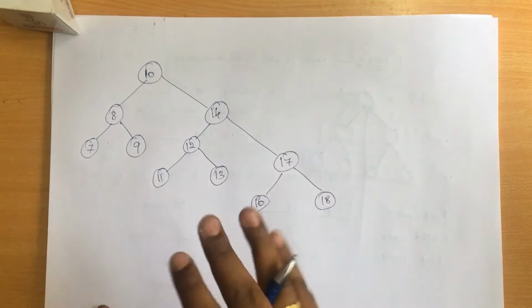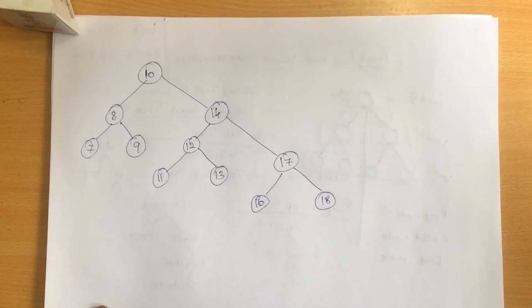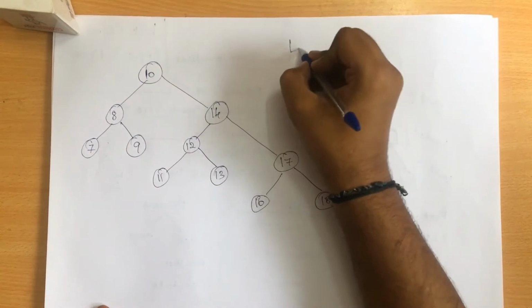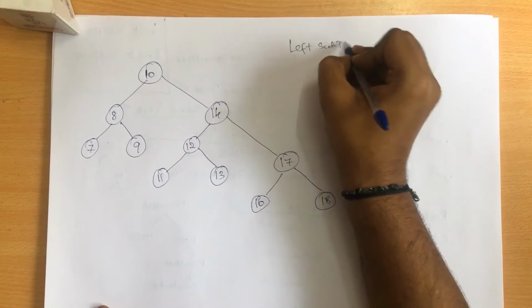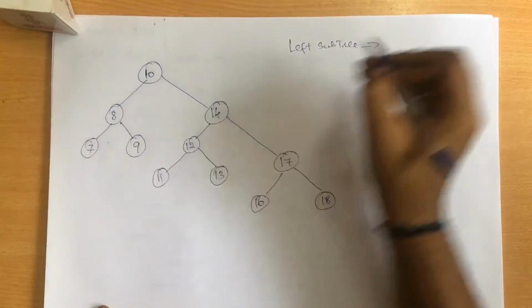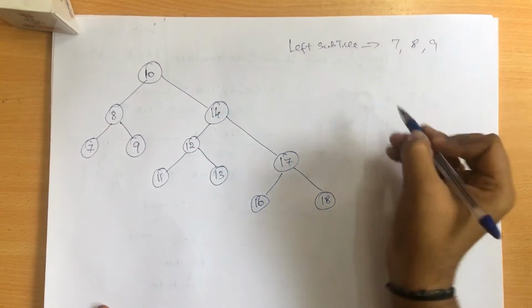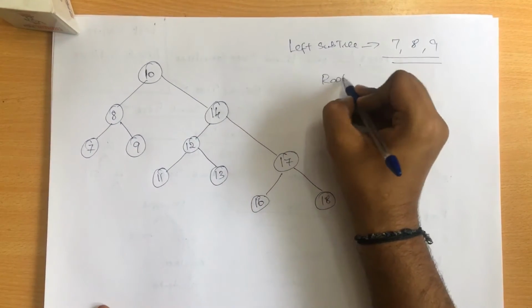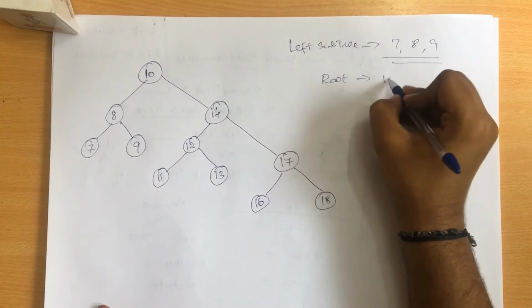So assume that this is going to be a tree structure, and if I try to find out what the left subtree and right subtree are, in my left subtree I have exactly 3 nodes, that is 7, 8 and 9. So these are the values I have in my left subtree, and the root of the tree is 10.